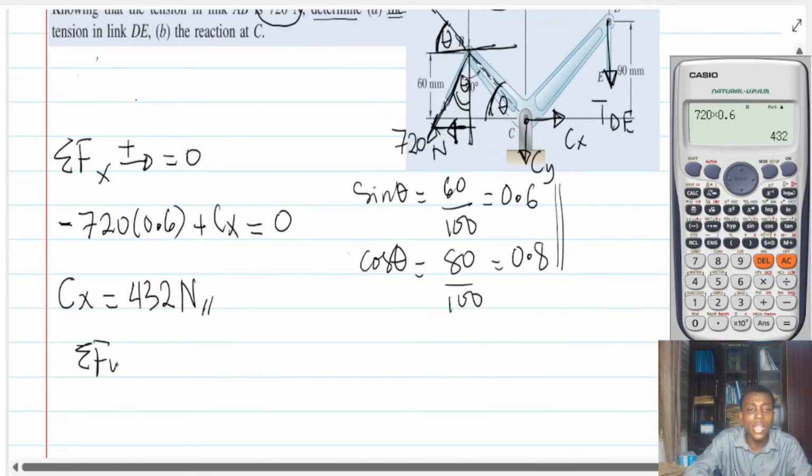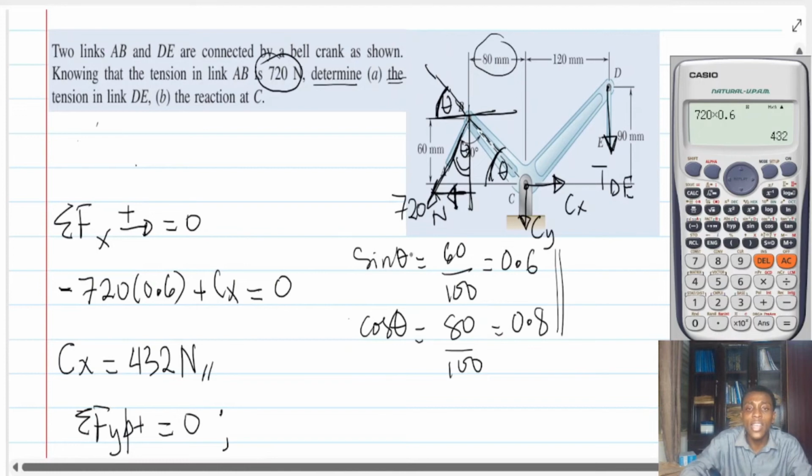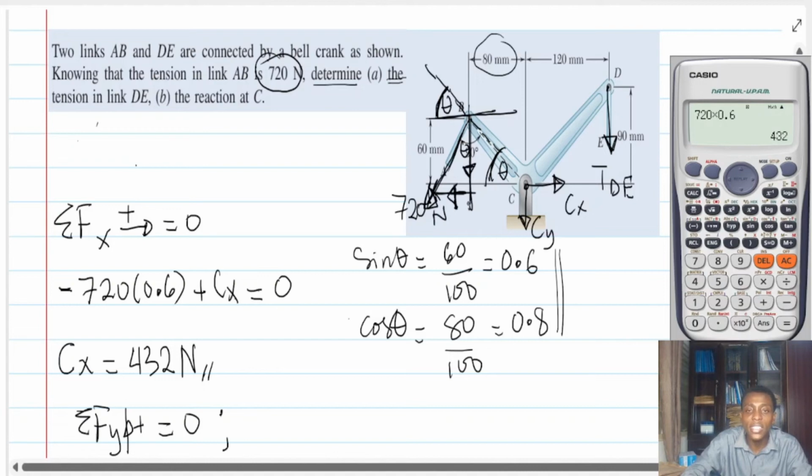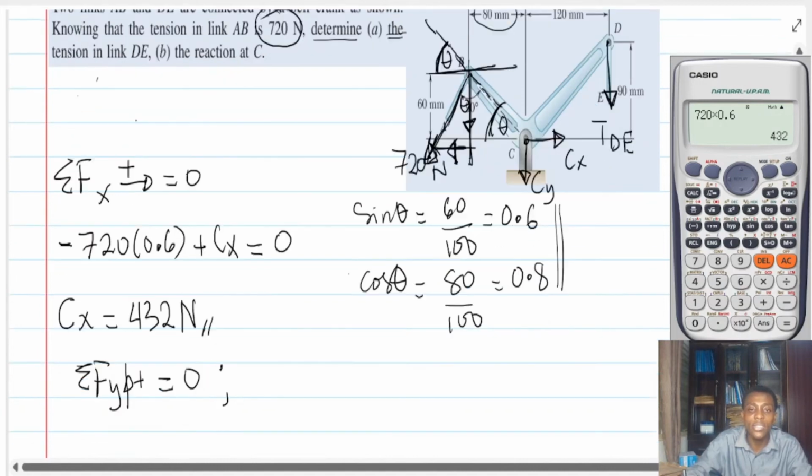So summing forces along the y direction for 0, we are going to sum the force over here. You know, in the tension over here, the force is going to come down. Okay, the force is going to come down, and it's going to be cosine theta, but it's coming down, so negative.